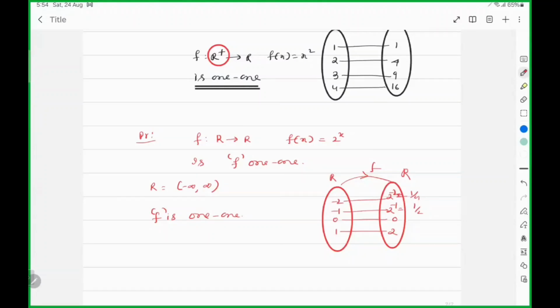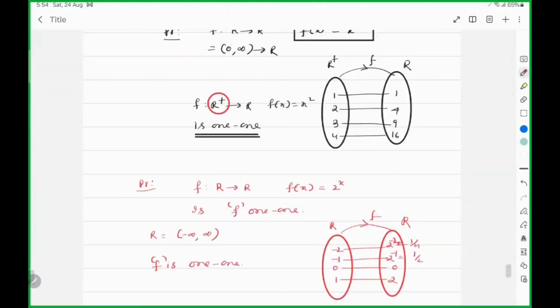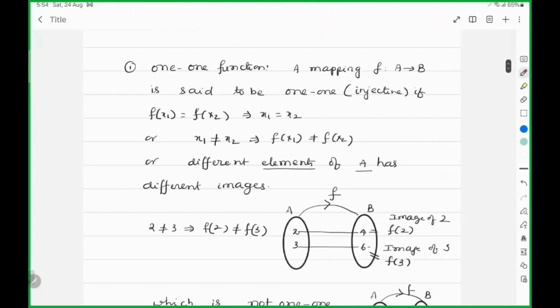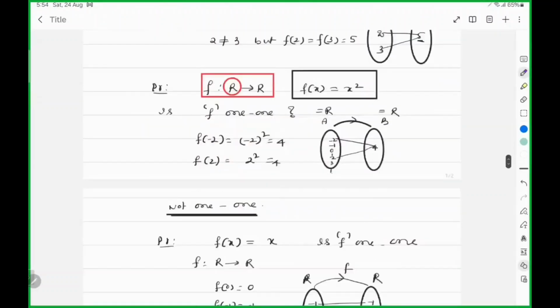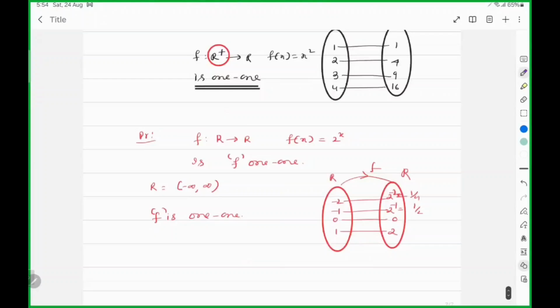When it is one-one, how do we give a generalized proof? The other definition of one-one is: whenever images are the same, the elements must be the same. Image means functional value. So I will prove it in the other way.